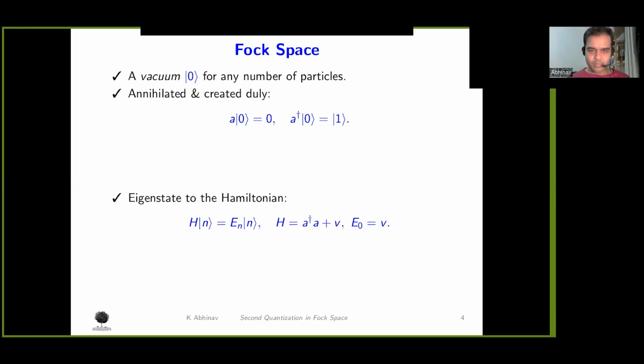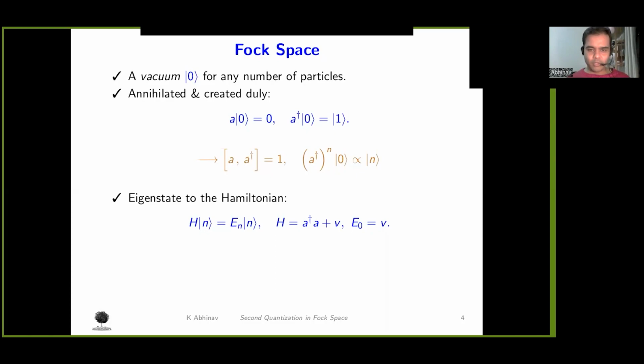Now these creation and annihilation operators have an algebra satisfied by themselves, which is called the Heisenberg algebra, which is the commutator of A and A dagger equal to 1, and that ensures that A dagger will keep on creating particle after particle on acting upon a number state, and A will destroy one particle at a time.